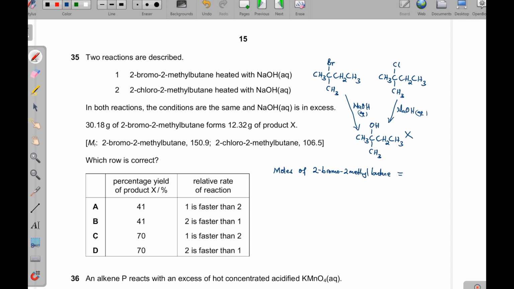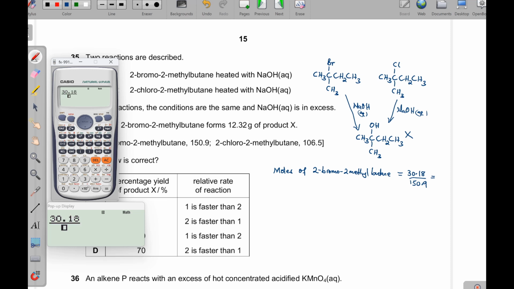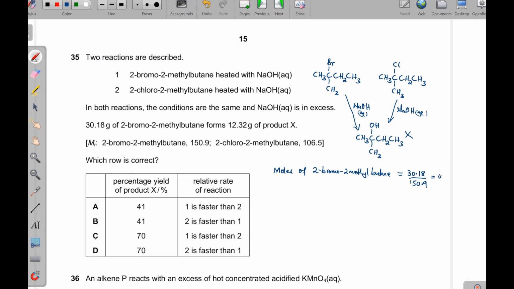So this one is going to be, they told us 30.18, then divide by the MR of this one, which is 150.9. So this one is equal to 30.18 divided by 150.9. This is 0.2. Okay, 0.2.